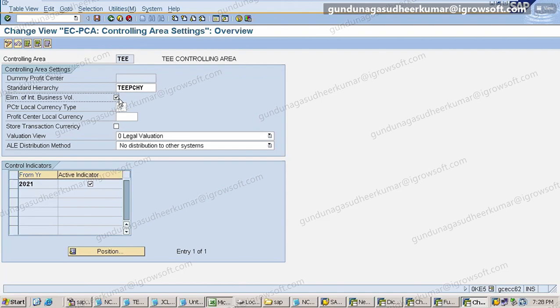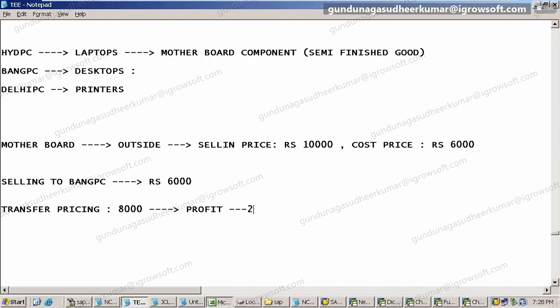Sir, we can maintain parallel profits, sir. Parallel profits, I mean equal profits. Yeah, but suppose you are saying I earned 2,000 rupees into 1,000 units, which are sold to whom?